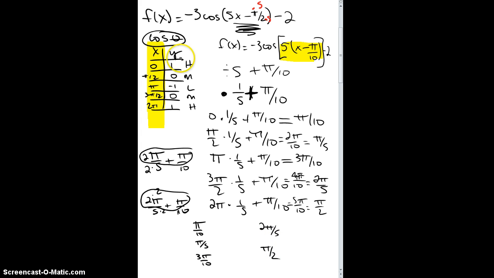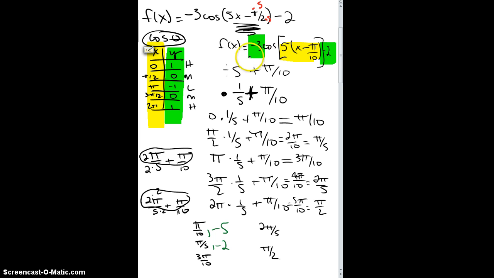Now, to get my y values, I just do the -3 and the -2 to these guys, all right? So to get the y values, I'm going to multiply by -3 and then add -2. So -3 minus 2 is a -5. 0 times -3 is 0, so that one's a -2.